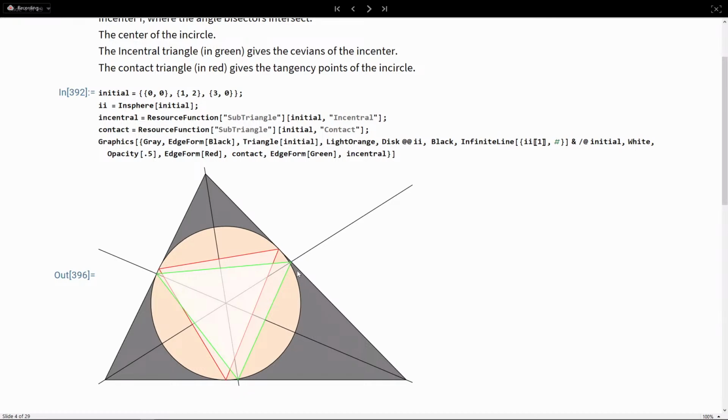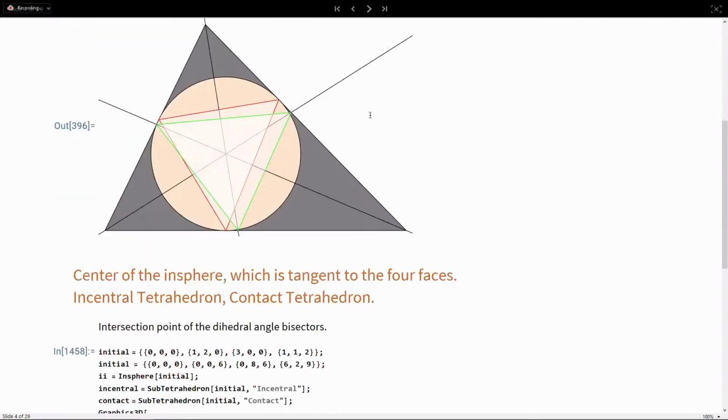And the three cevians in green make what's called the incentral triangle. The contact triangle is the points where the circle is tangent to the triangle, where it makes contact. And that's the contact triangle in red. So this is something you can do with a triangle.